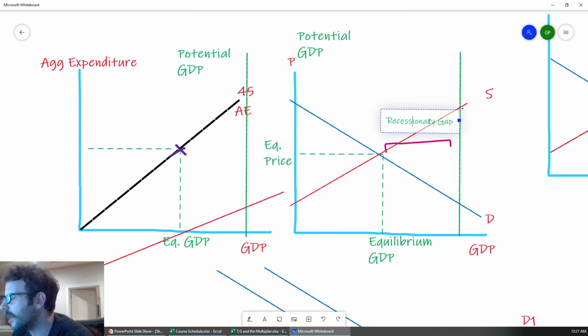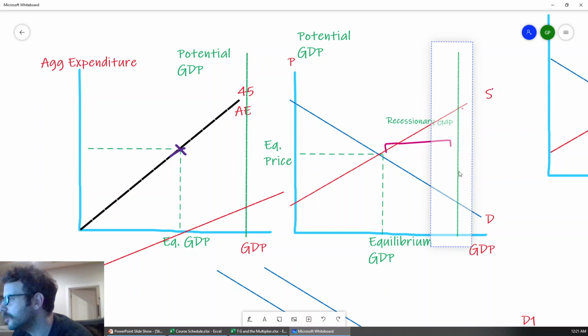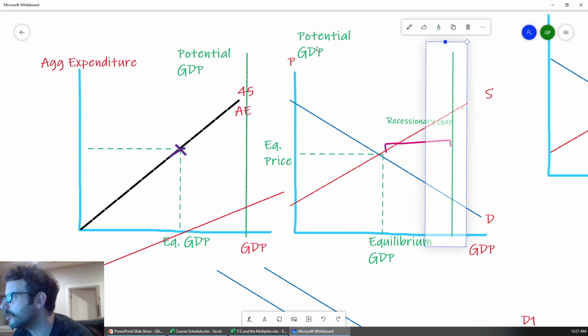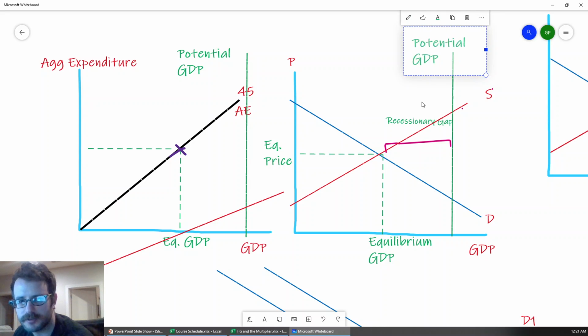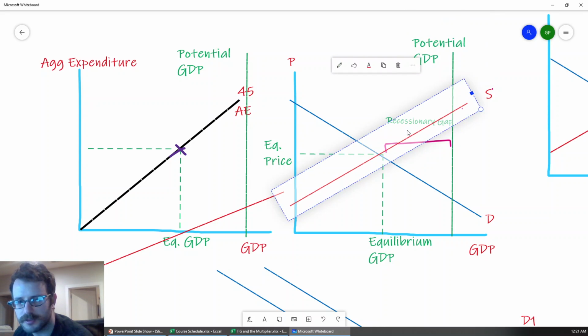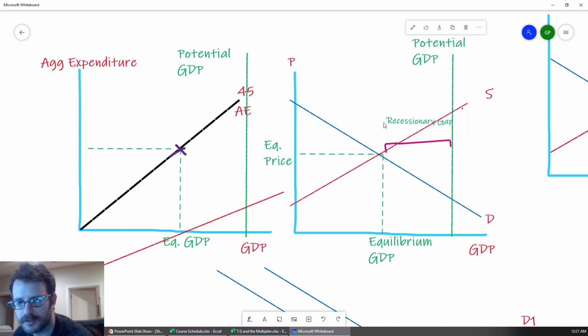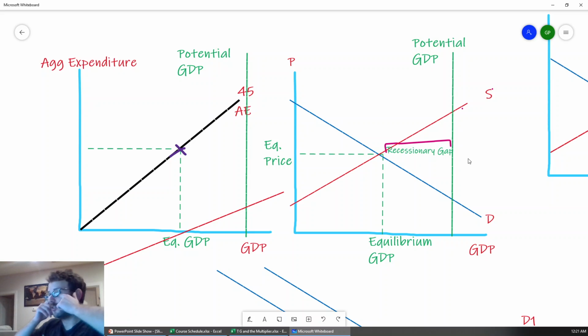All right, so potential GDP should be a little bit closer to here. This will be roughly your long-run aggregate supply. There's your recessionary gap. So you're producing below your equilibrium output.